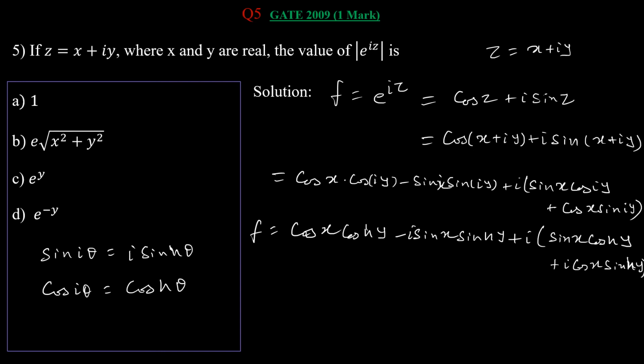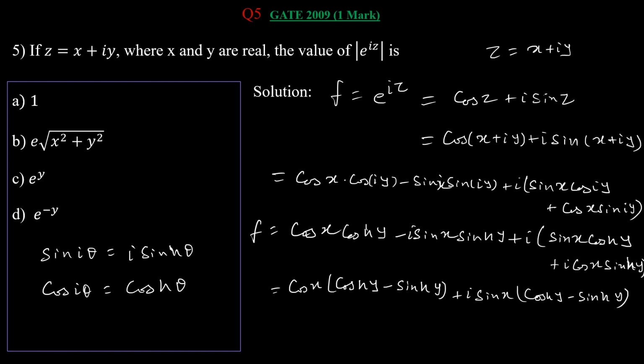So from this result, cos x we have taken common, so it will be cos hyperbolic y minus sin hyperbolic y, because i into i will be minus 1, and plus i sin x if we take common, so it will be cos hyperbolic y minus sin hyperbolic y.